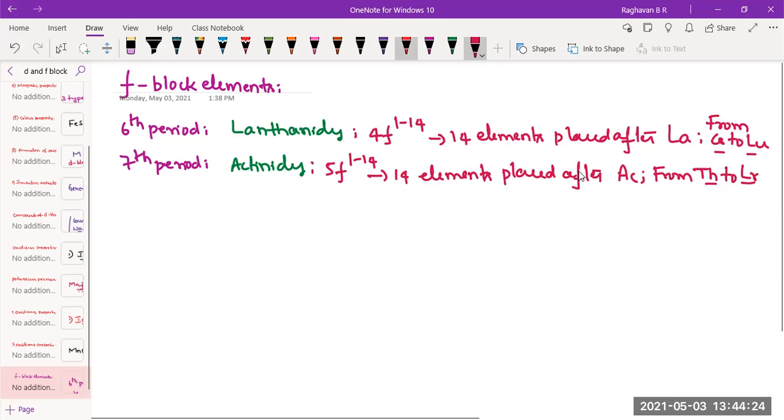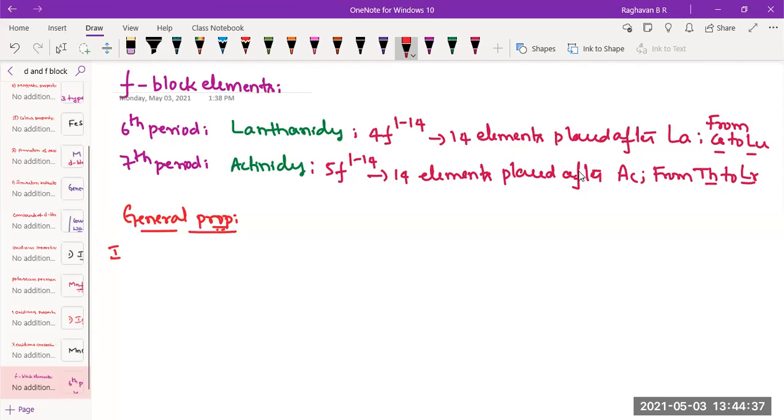Importantly, when we take general properties, first one, electronic configuration.